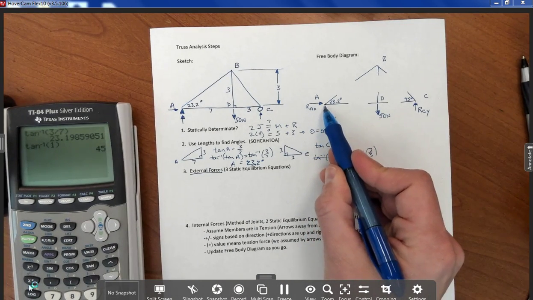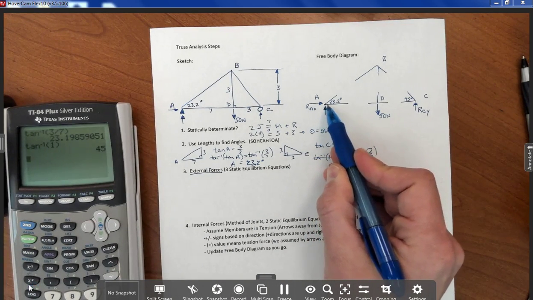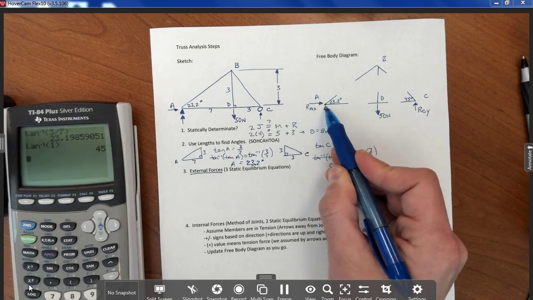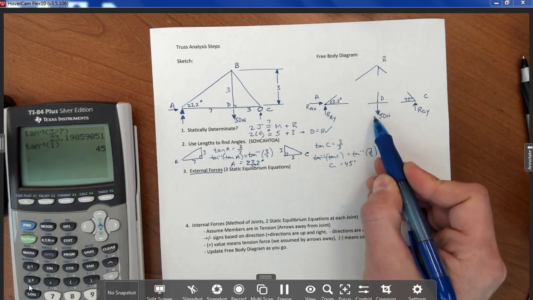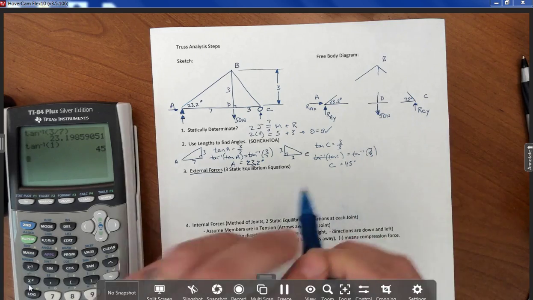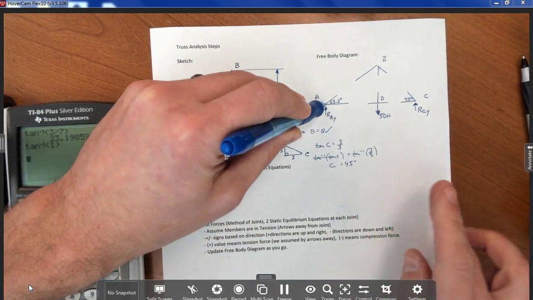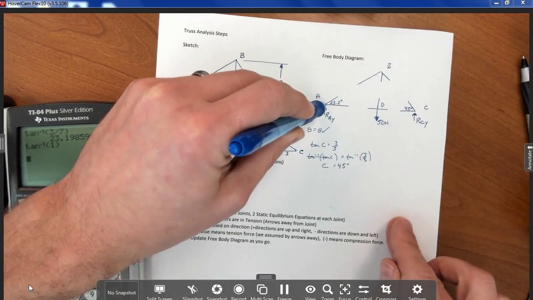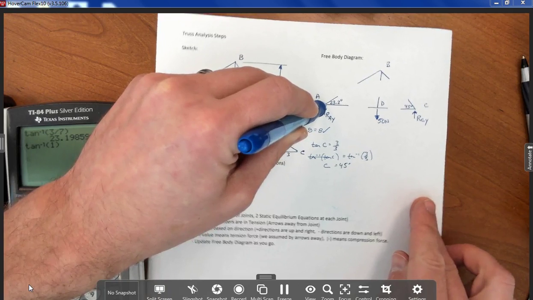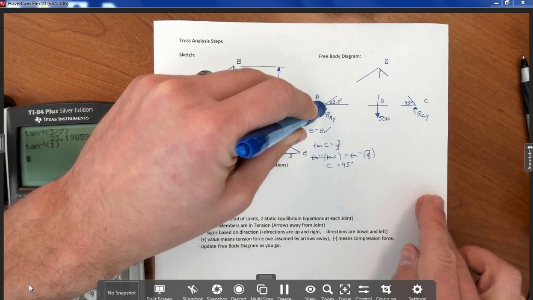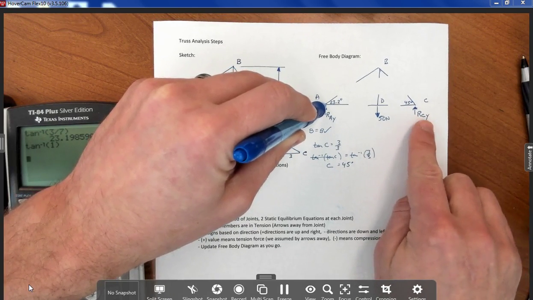Any force that's away from this pin support, this is acting as a fulcrum, as a lever, would create a rotational effect or a moment. So like this load, this 50 newtons down at D, that would make this truss want to rotate down. Okay? So there's got to be something that's stopping the truss from rotating down. Do you see it? It's the reaction force at C from the roller support.